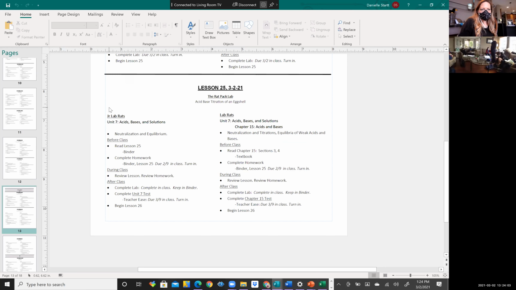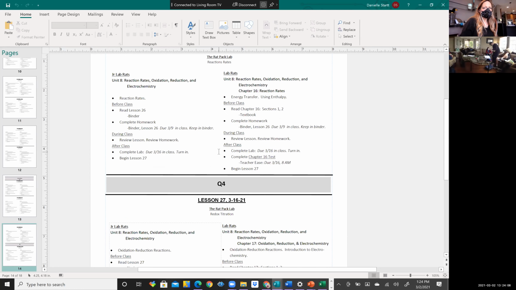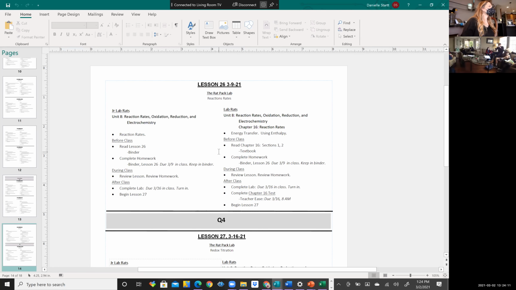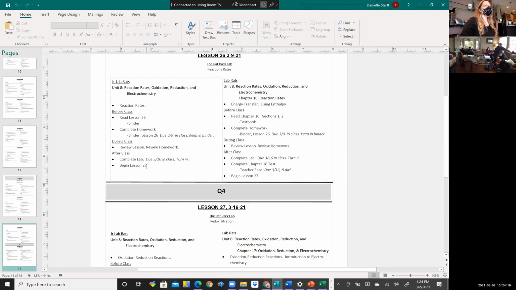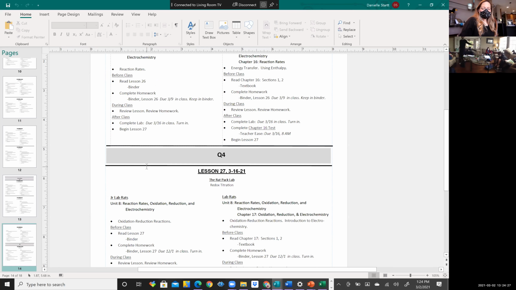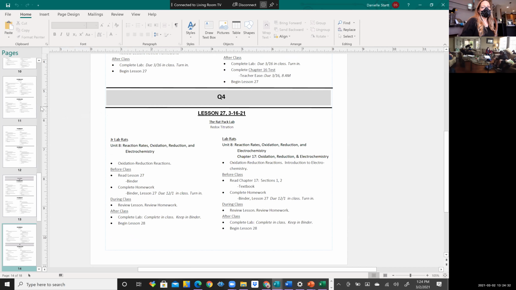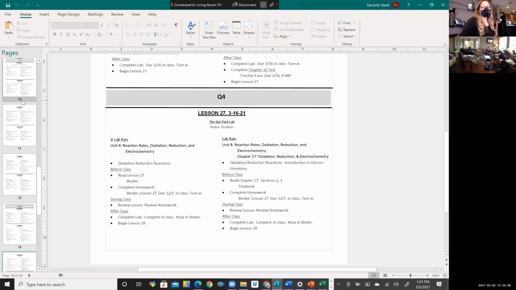Next week we have the last lesson of the quarter. Next quarter, in Q4, you get new lab groups. Q4 will be out of all of this stuff like acids, bases, and solutions.